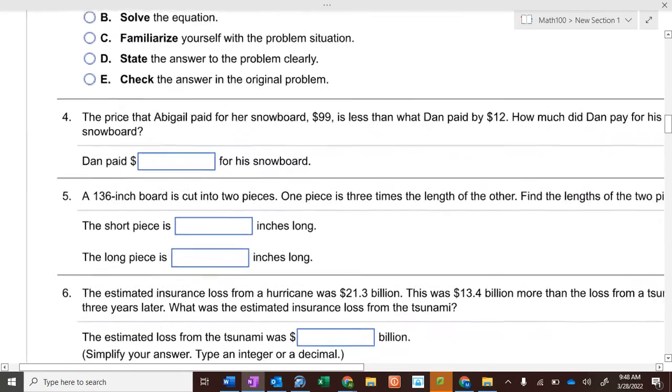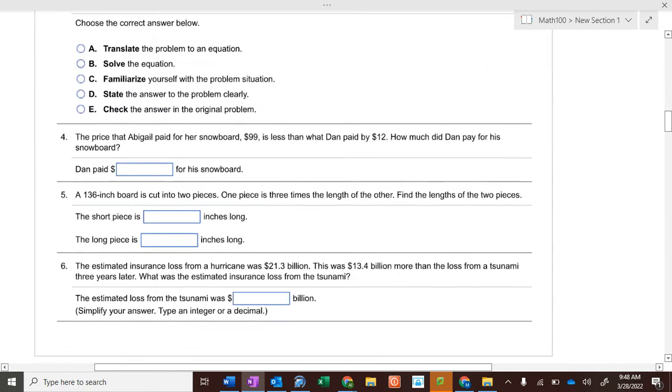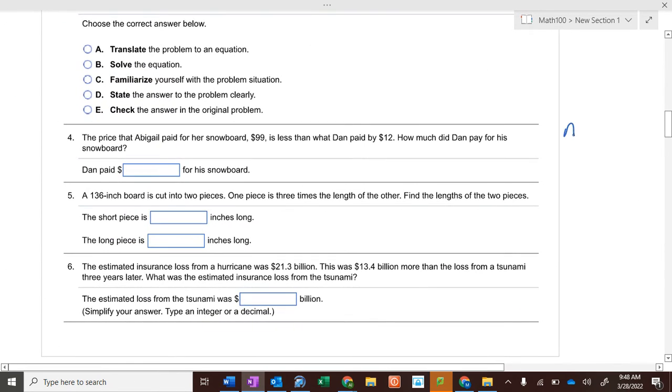The price Abigail paid for a snowboard, $99, is less than what Dan paid by $12. So you have Abigail and Dan. Okay? Now, the price Abigail paid is 12 less than what Dan paid.